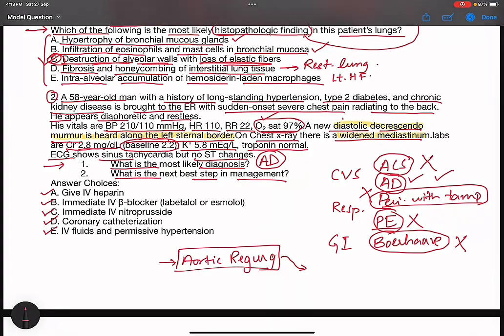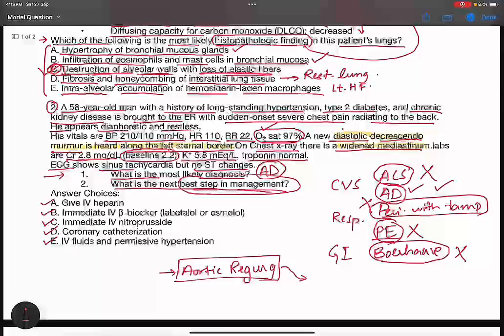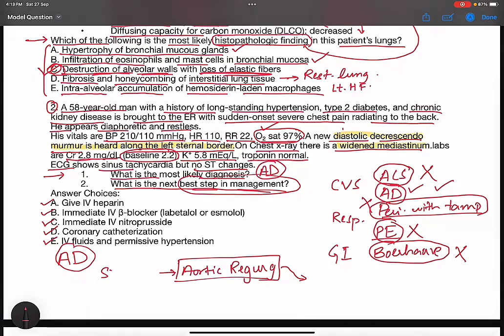Then the second question being asked is, what is the next best step in management? Now, the concerning thing in aortic dissection is increased shear stress. The management of aortic dissection mainly correlates with decreasing the shear stress on the aortic wall. It can be achieved by both decreasing the heart rate as well as decreasing the blood pressure.